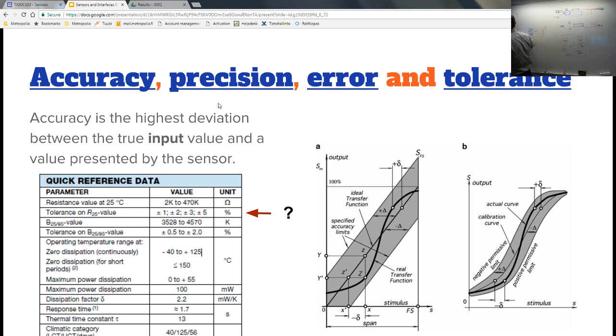So if this is the nominal value of, for example, a 20K thermistor, and if you have, for example, 2% accuracy, it means that six sigma number of the values will fall into plus minus 2% range.